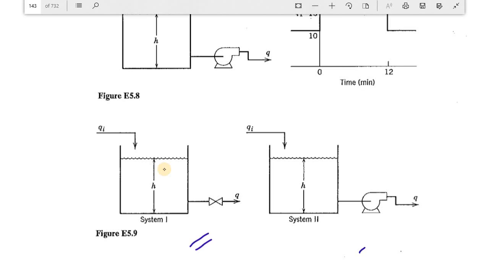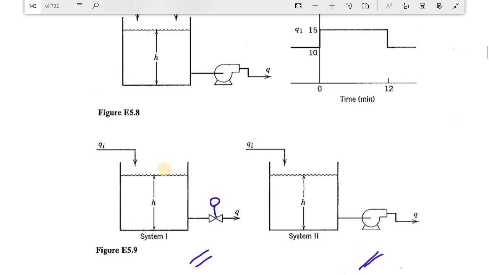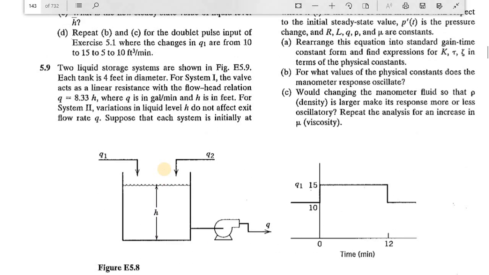I have two systems, one which has a valve at the output and the other one which has a pump at the output, and it's telling me that each tank is 4 feet in diameter. For system 1, the valve acts as a linear resistance with the flow head relationship. So instead of saying F is equal to alpha square root of H, here we are saying that it's not the square root.